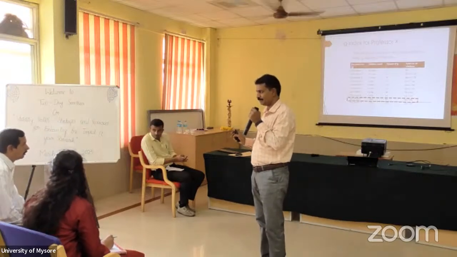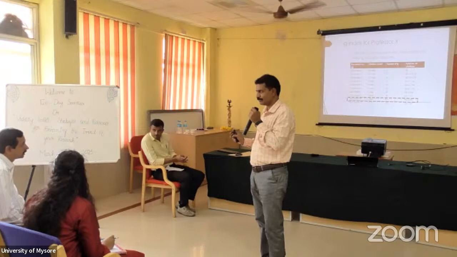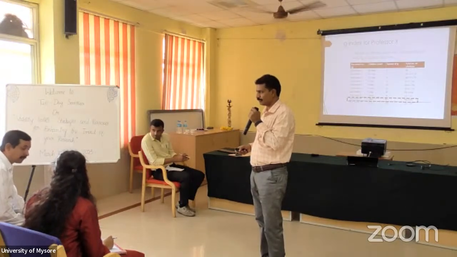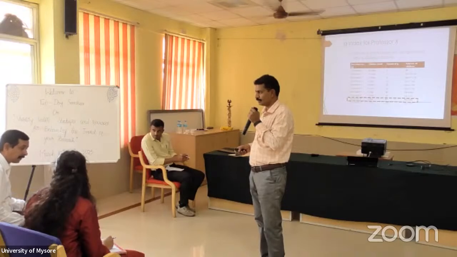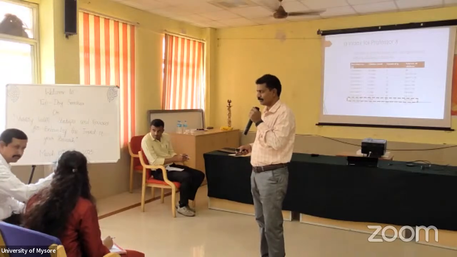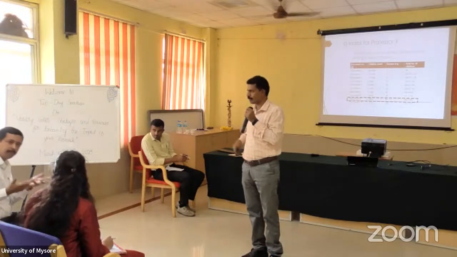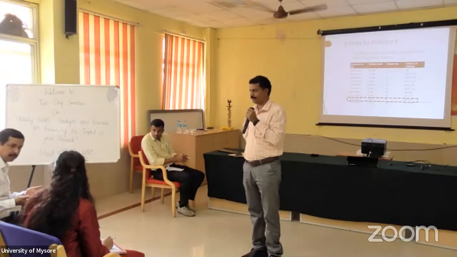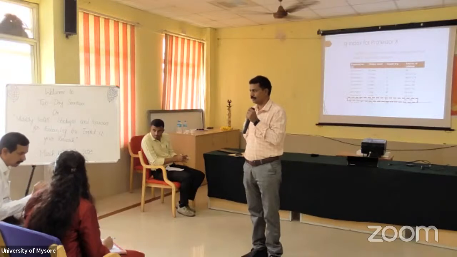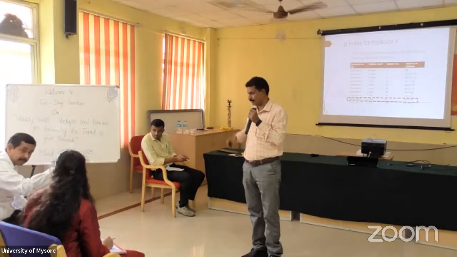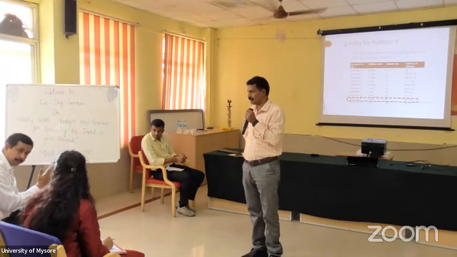The H index does not consider the influence of highly cited articles. For instance, an article may have been cited 1,000 times, but it still counts as just one.